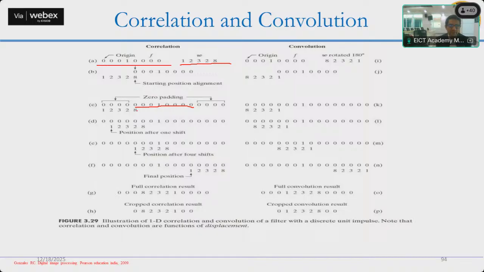This 8 is coming here. But since 8 is coming here, what will happen to the other values of the w? To facilitate the sum operation, we basically assign zero. We call this process zero padding.